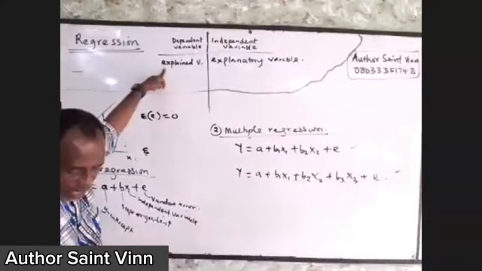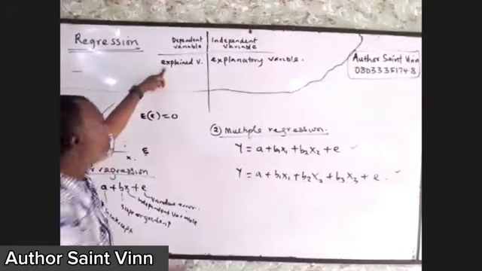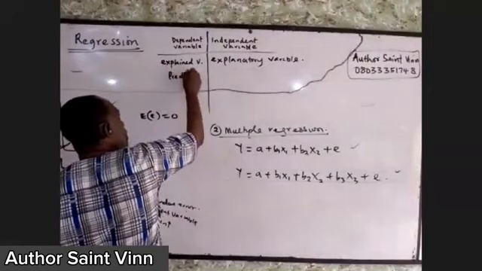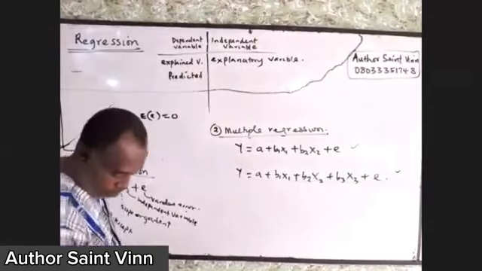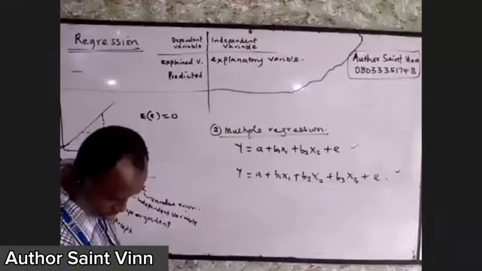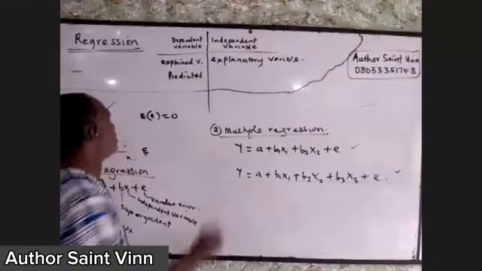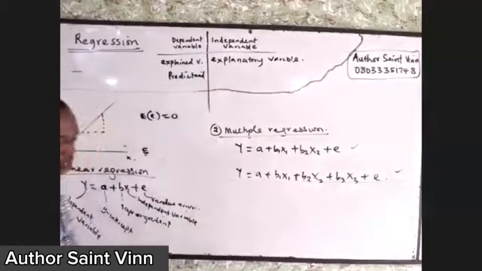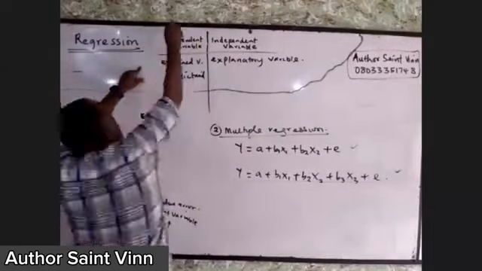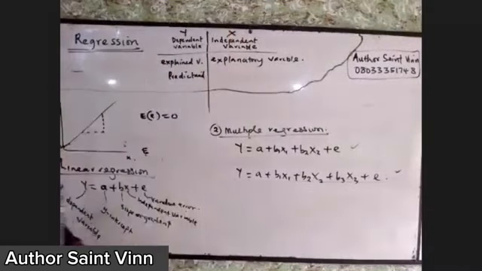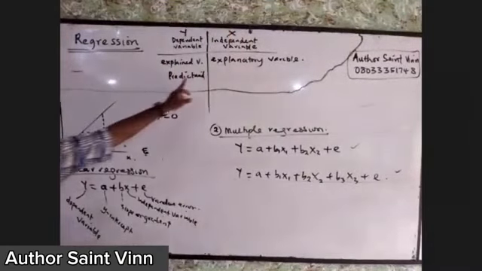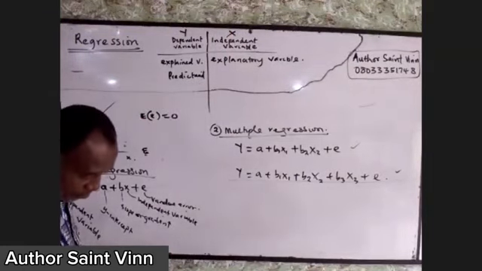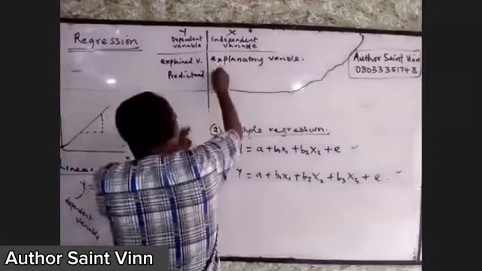The other one is explanatory. They may call this one the predicted variable, and this one the predictor variable. So this one is Y, and this one is X, the predictor.